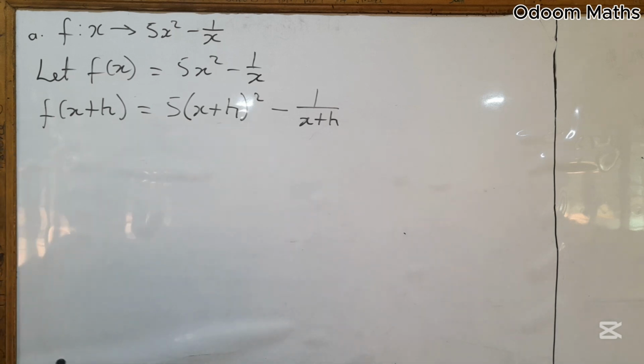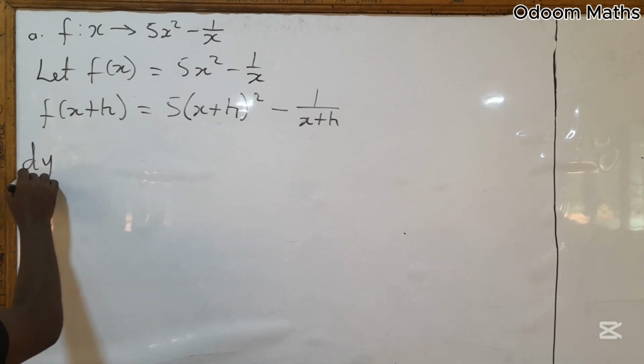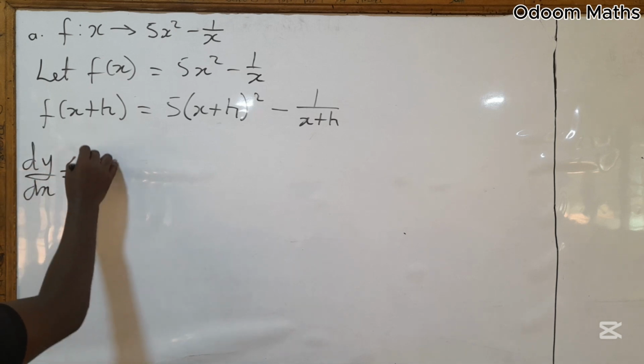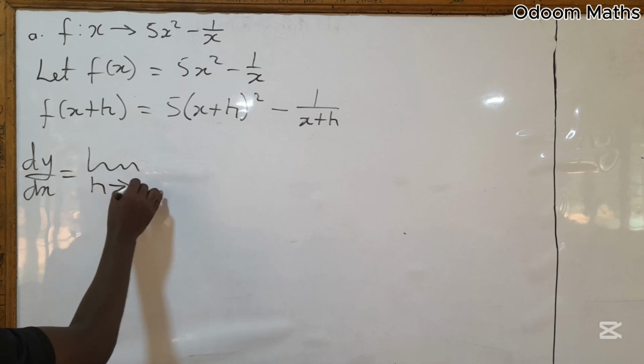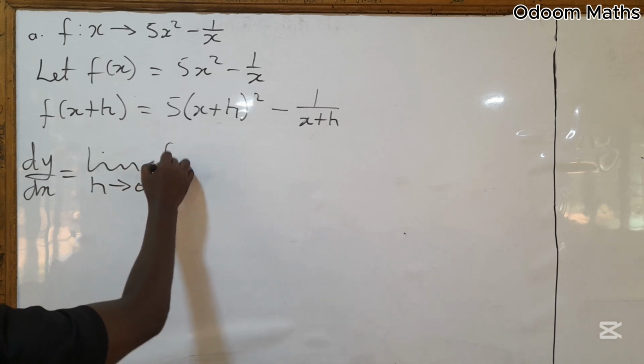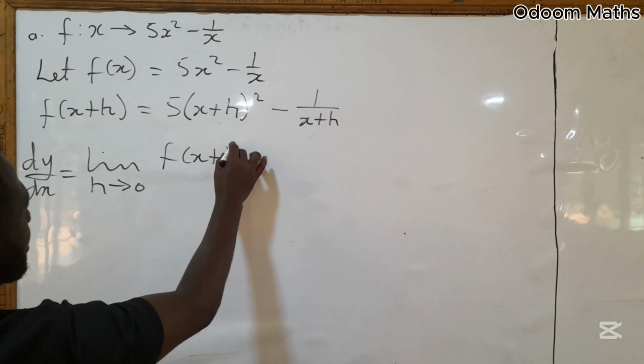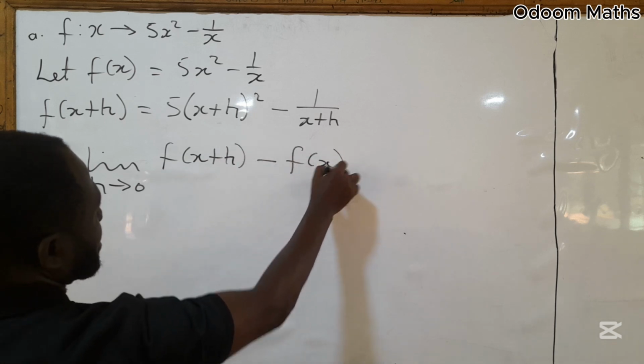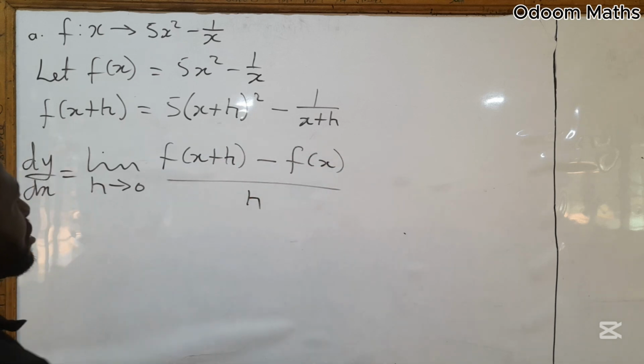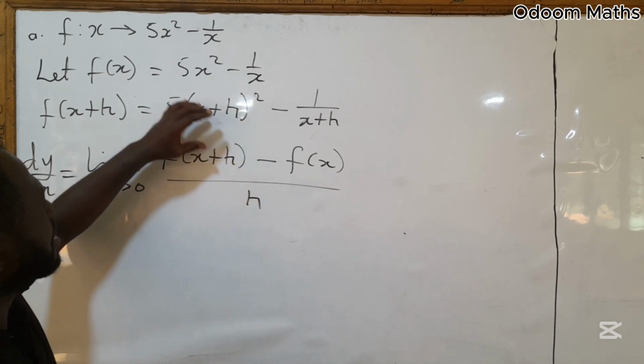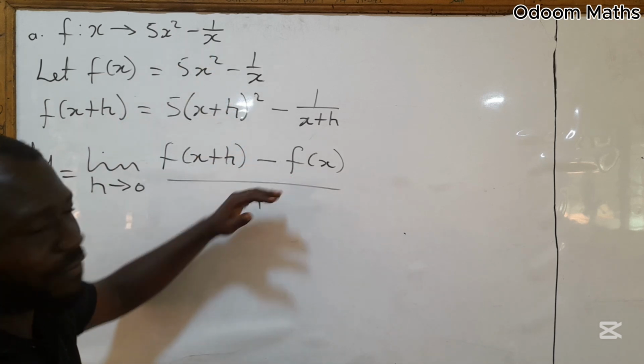The formula is dy dx equals the limit as h approaches 0 of f of x plus h minus f of x all over h. So we are going to substitute this information into the formula.